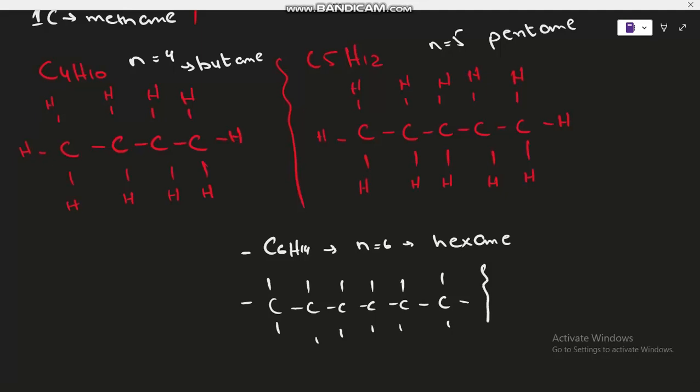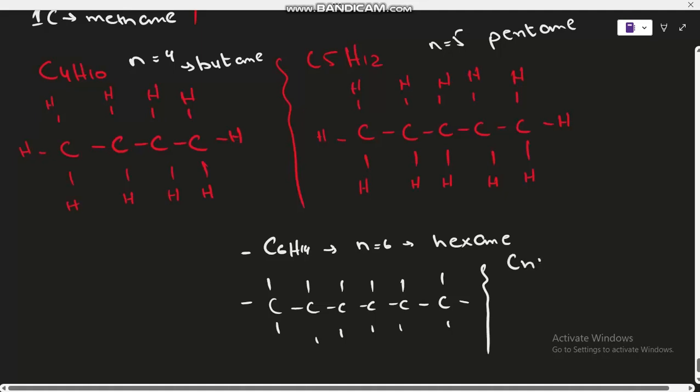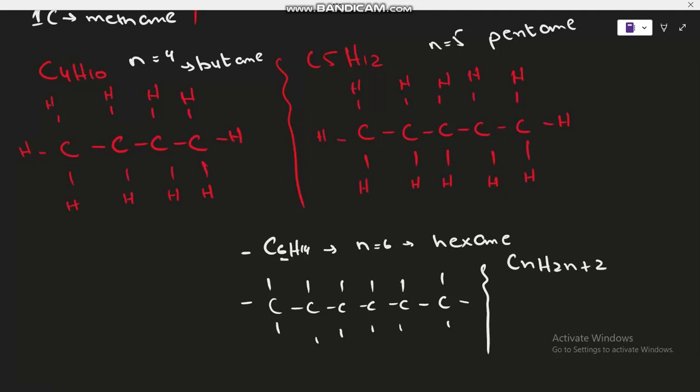The other way is that you can simply place this into the formula CnH2n+2. You know that the number of carbon atoms is 6, so n is equal to 6. C6H2(6)+2, so this is C6, this becomes 12, and plus 2 becomes 14. So C6H14, and now you know that since this has satisfied the equation, this is going to be an alkane molecule. Okay, cool. So this is where we end this part.